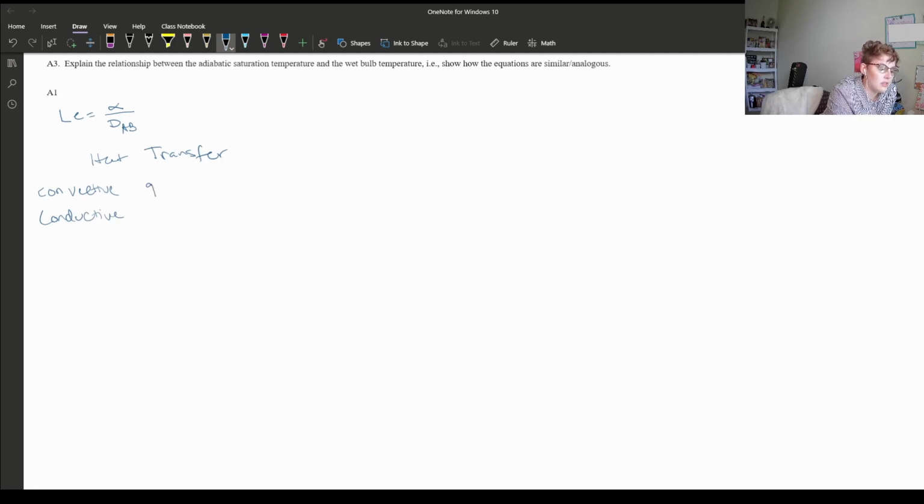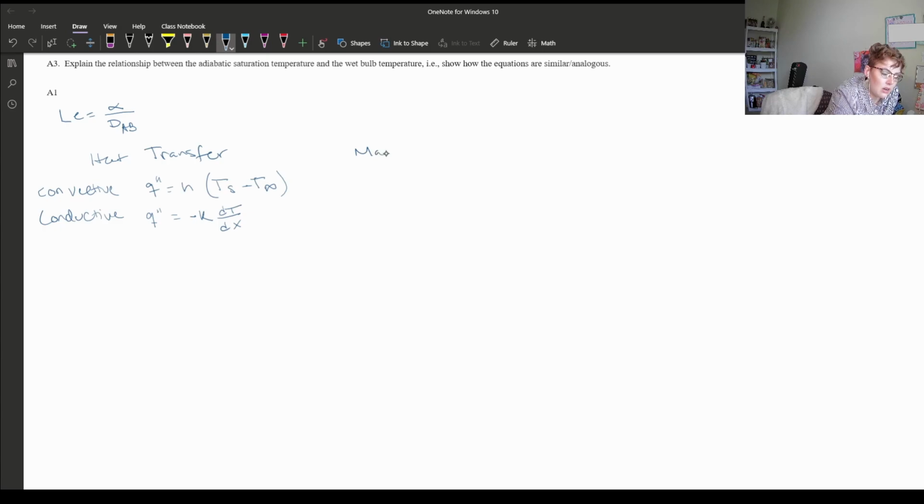In our convective heat transfer equation, the heat transfer is equal to the heat transfer coefficient times the difference in temperature at the surface and the temperature at the environment. And our conductive heat transfer is equal to the negative of the conductivity of the material times the change in temperature over the change in distance.